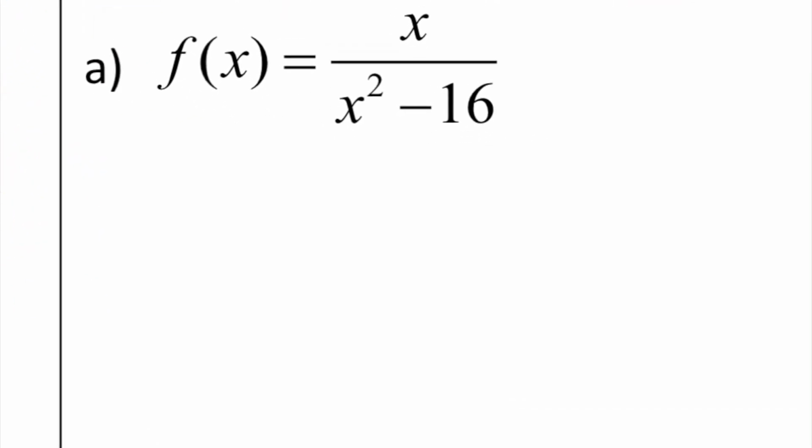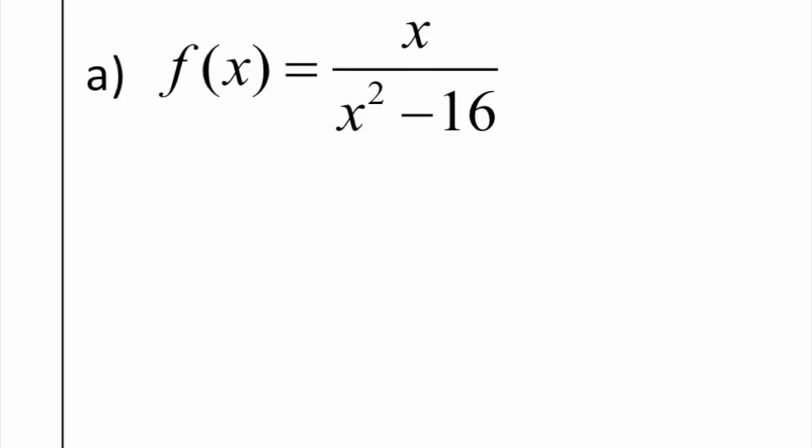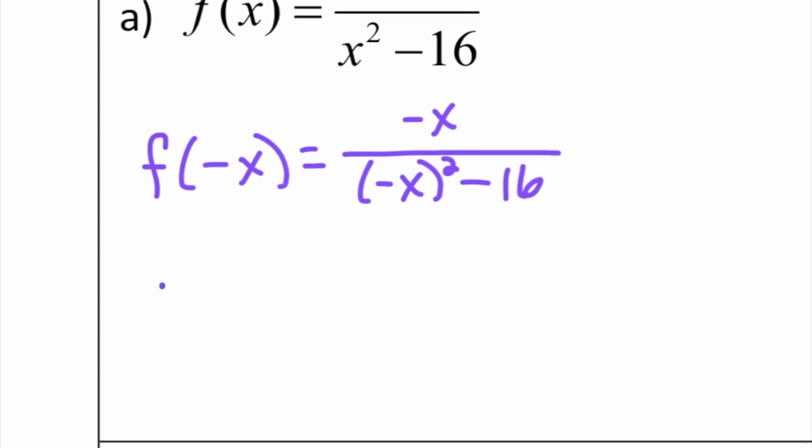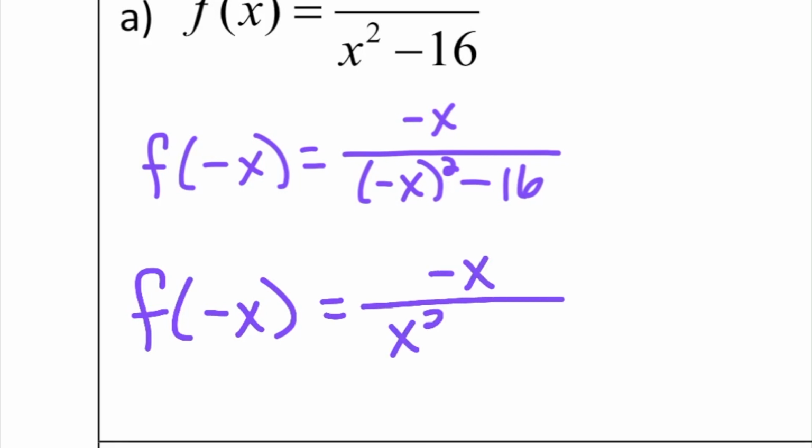So for example, here, if the given function is x over x squared minus 16, and you substitute negative x, that gives you negative x in the top, and remember your parentheses, negative x squared minus 16 on the bottom. And so f of negative x, when you simplify all of that, equals negative x over x squared minus 16.